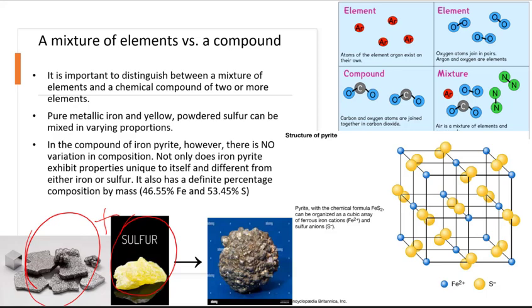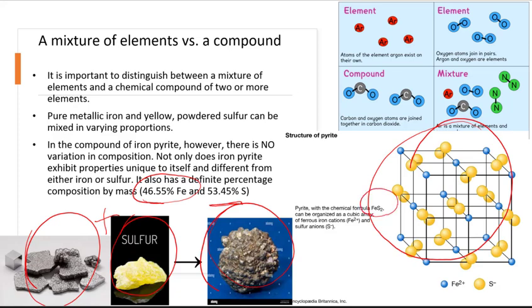Not only does iron pyrite exhibit properties unique to itself and different from either iron or sulfur, it has a definite percentage composition by mass. 46.55% of this compound here is composed of iron, and 53.45% is composed of sulfur. And here's the structure of what pyrite would look like. This would be FeS2.